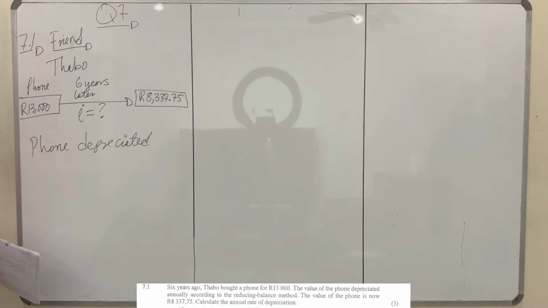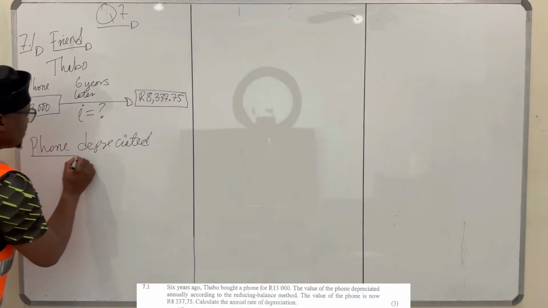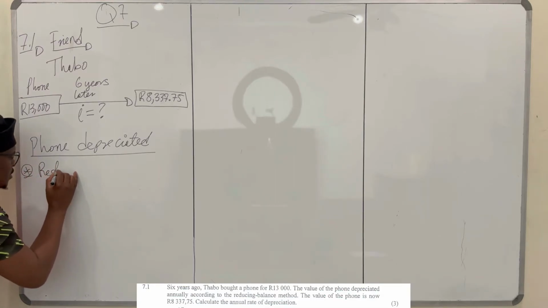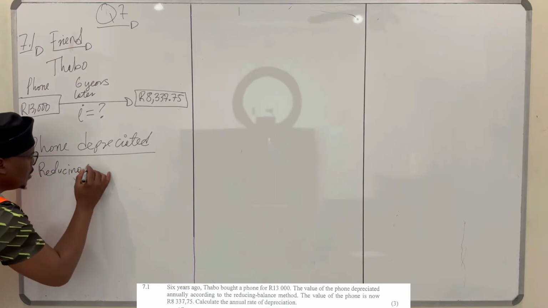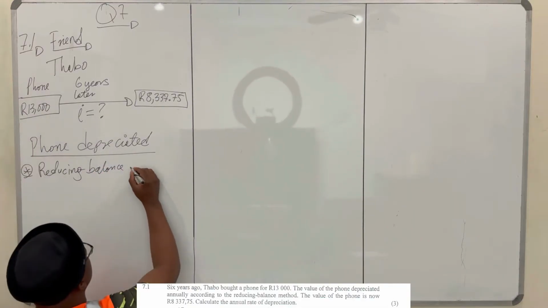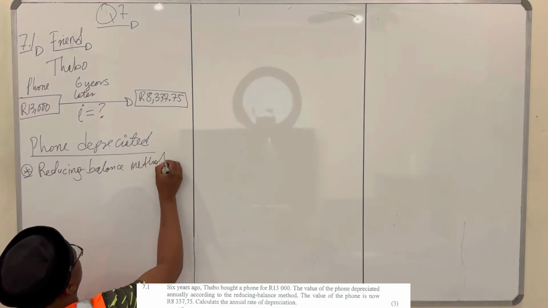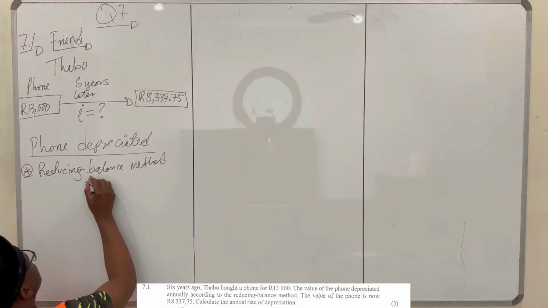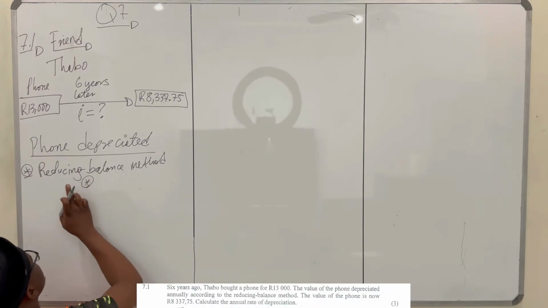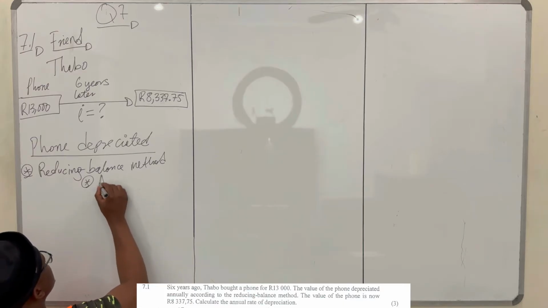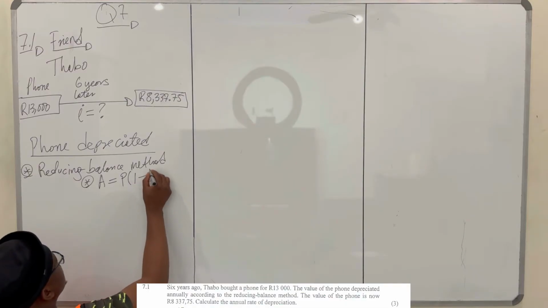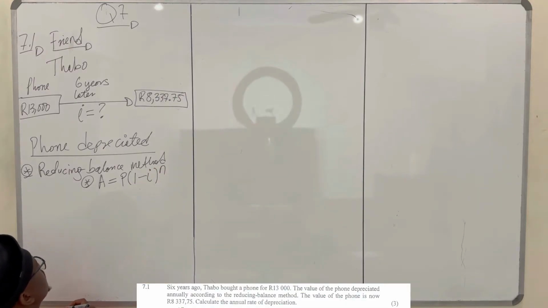Fine. So if your phone or your asset is depreciating, you can depreciate at a reducing balance method. Which means if your asset is depreciating at a reducing balance method, it's depreciating at this formula here: A is equal to P times (1 minus i) all raised to n.